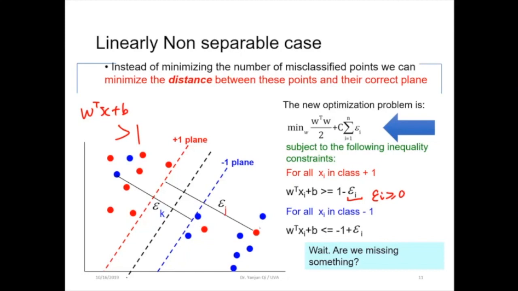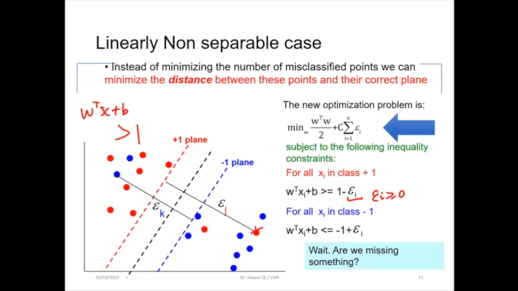So let's see this red point. I wanted it to be larger than 1, but with a little bit of epsilon j noise. So for this point, W transpose x plus b is larger than or equal to 1 minus epsilon j, where the prediction of the linear function on that point is exactly from here to here.